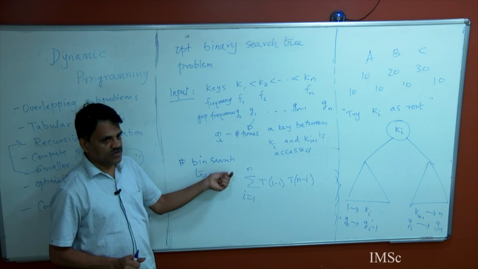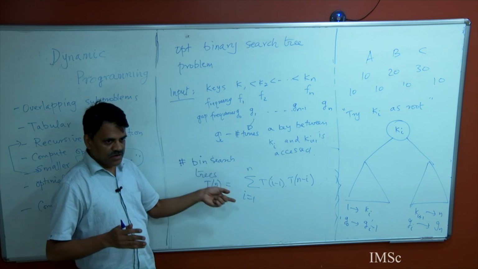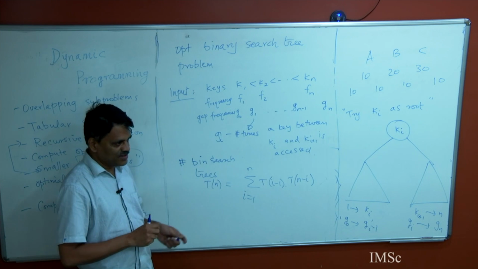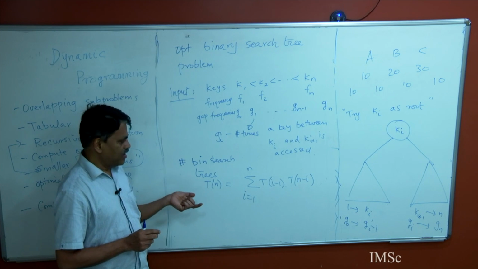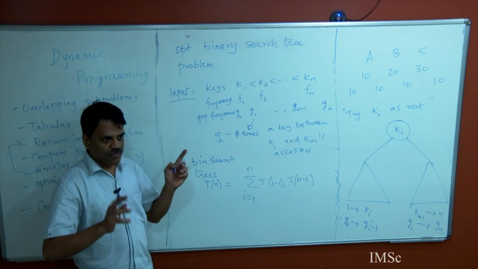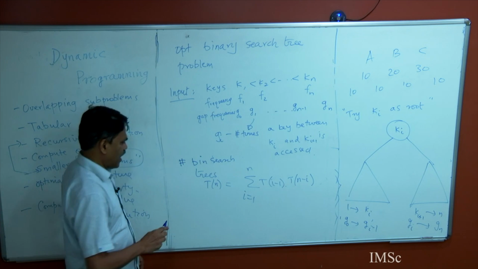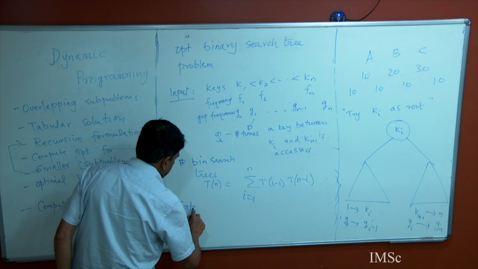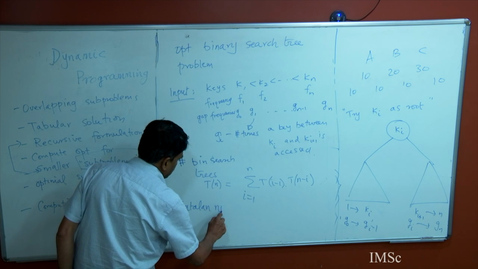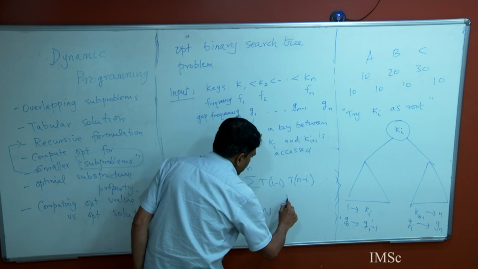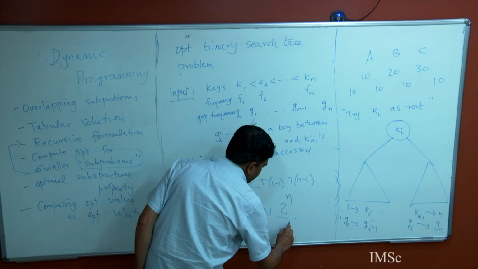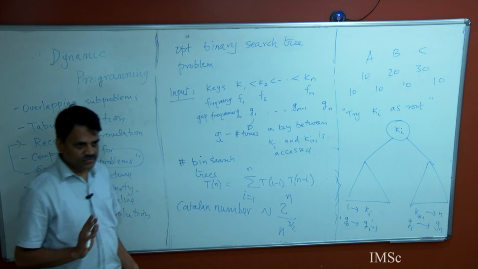Do you know generating functions? You can solve this using generating functions, and the solution to this is a popular number called the Catalan number, which is roughly 2 power n by n power 3 by 2 or something like that.